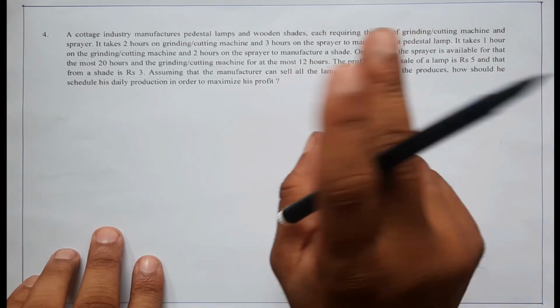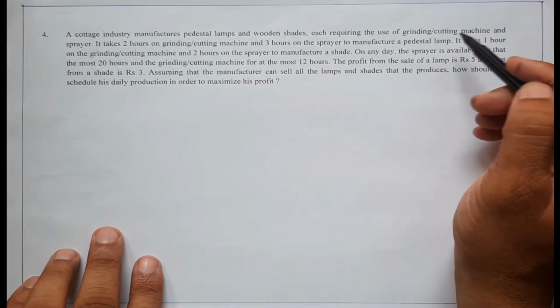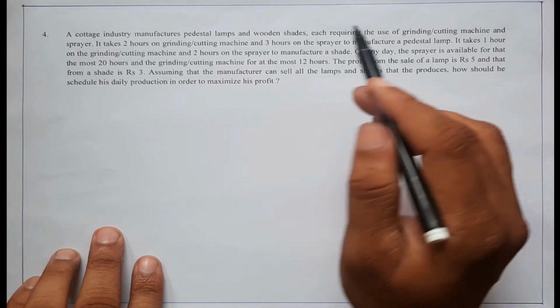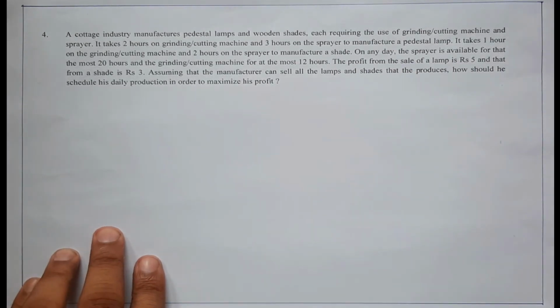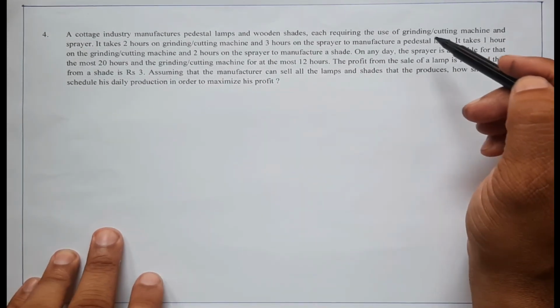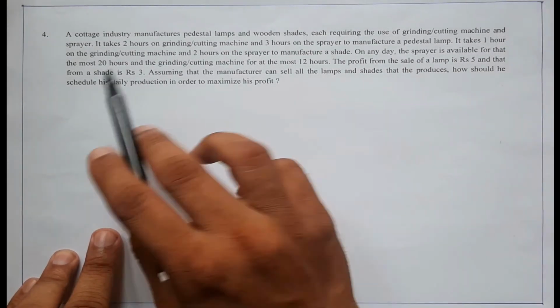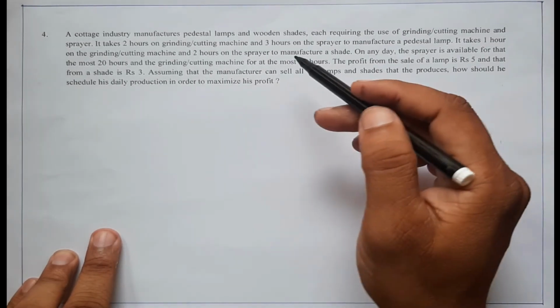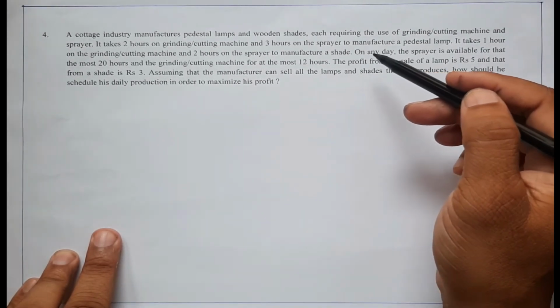There are two machines: first is the grinding machine and second is the sprayer. It takes 2 hours on the grinding machine and 3 hours on the sprayer to manufacture a pedestal lamp. It takes 1 hour on the grinding machine and 2 hours on the sprayer to manufacture a shade.